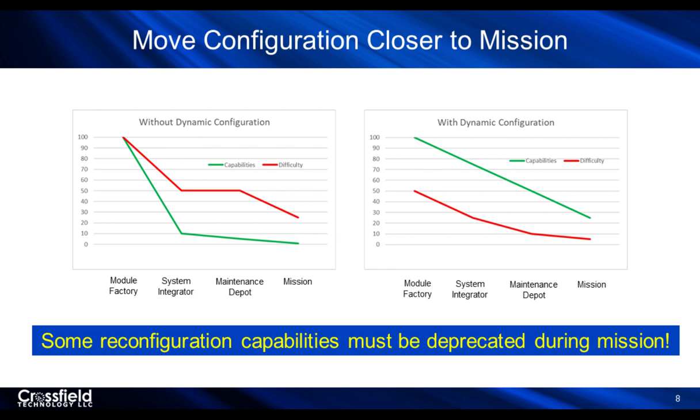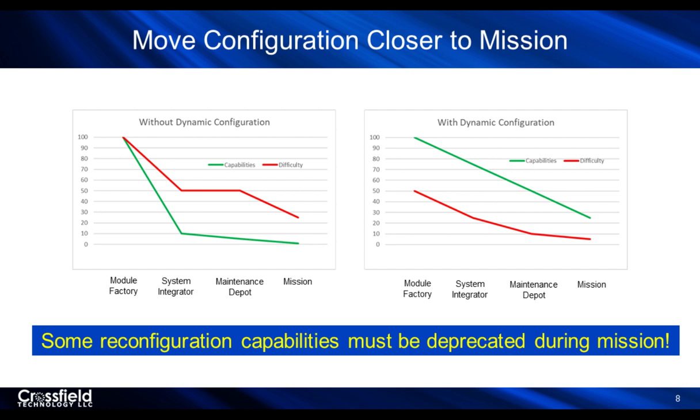They buy different SKUs, but they're not configurable. And the maintenance depot has even fewer possibilities, and the mission has almost zero possibilities. And the difficulty does get easier. That's just simply because you have fewer choices, okay? So the difficulty line comes down in today's world, but it's still more difficult than it is flexible.